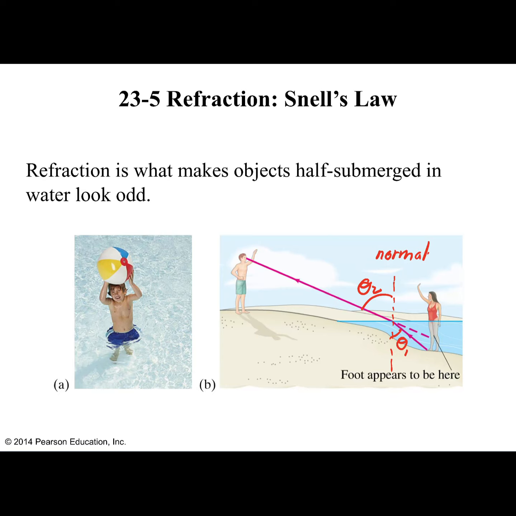Well, to that observer on the beach, remember our brain and our eyes say, hey, light travels in a straight line. So once again, the light will be traced back by our eyes and our brain, and it will appear to that person that this person's feet are right here.